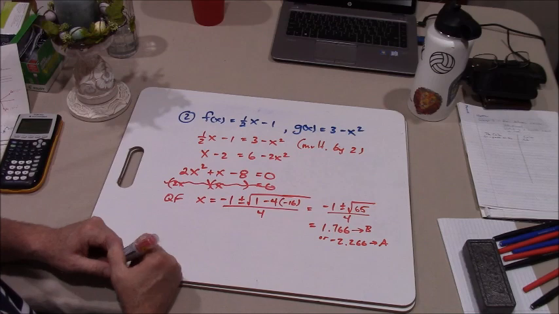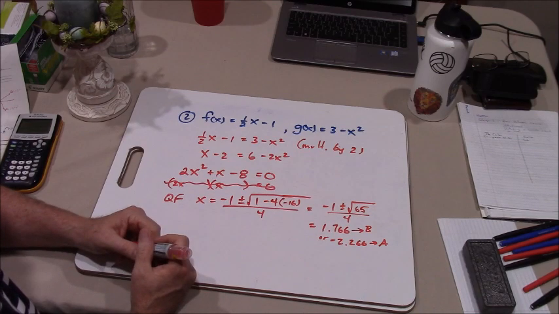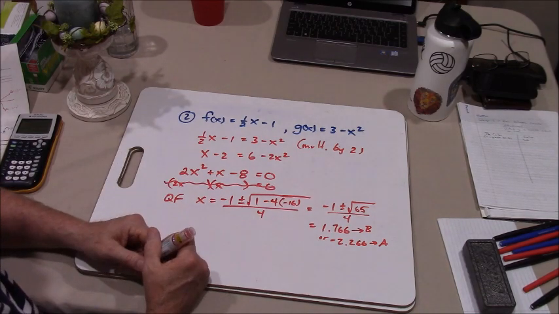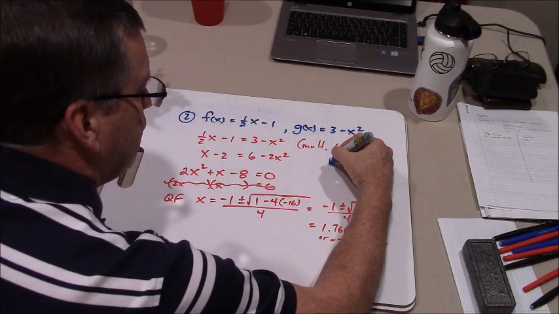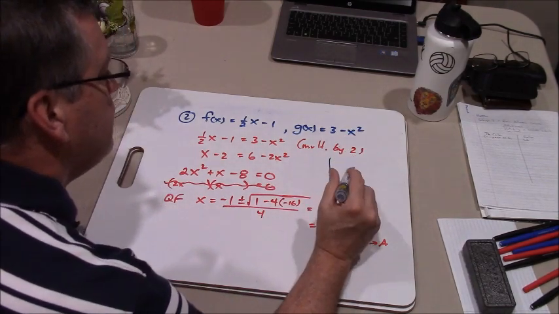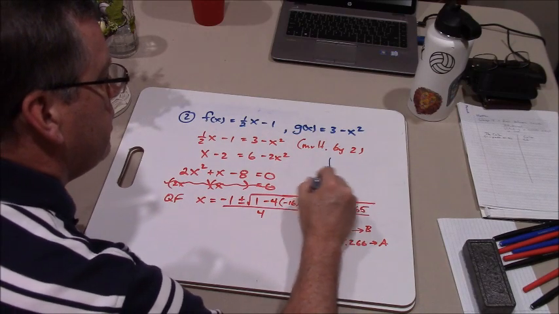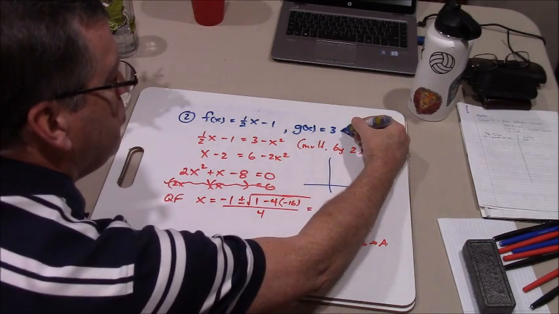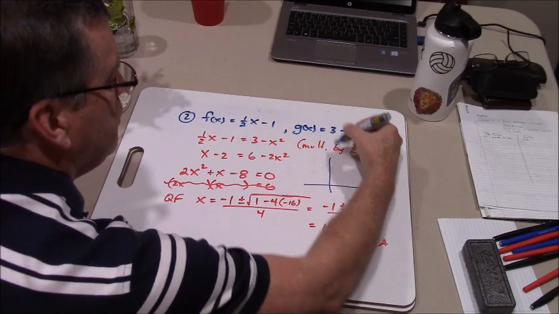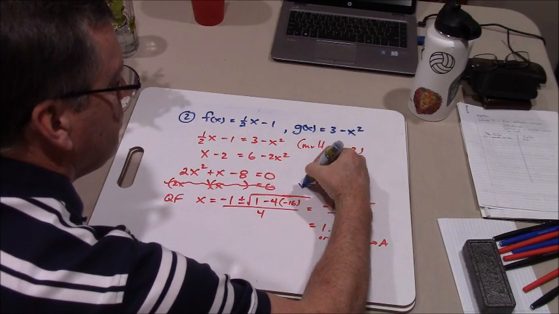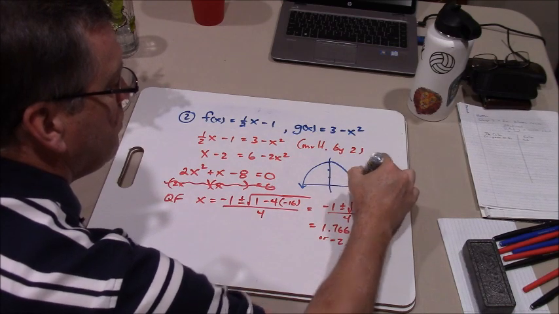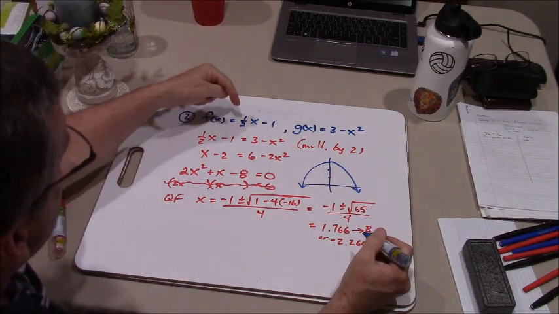All right, now we need to graph these so I can see which graph is on top and which is on the bottom. So let me just draw a graph right here. Let's see. This is an upside down parabola that's been shifted up 3 units. So there's that parabola.